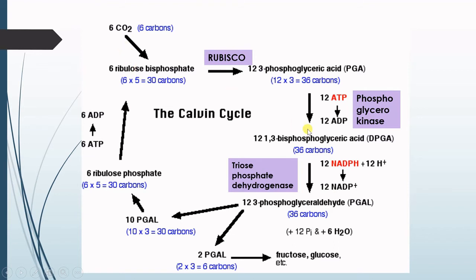So for fixing one carbon, we require 3 ATPs and 2 NADPH. Okay. So here ADP and NADP plus are regenerating in this cycle. They are utilized in the light reaction process again for the synthesis of ATP and NADPH. So that's all about this reaction part of Calvin cycle.